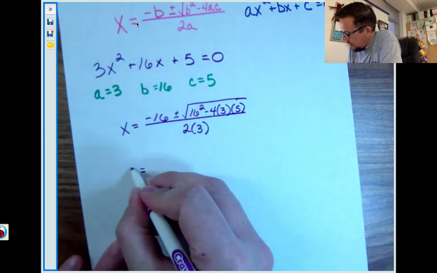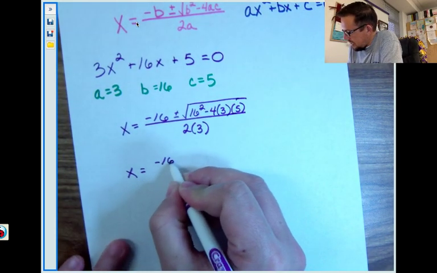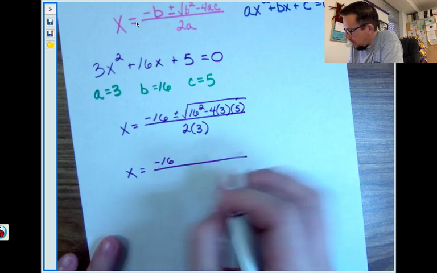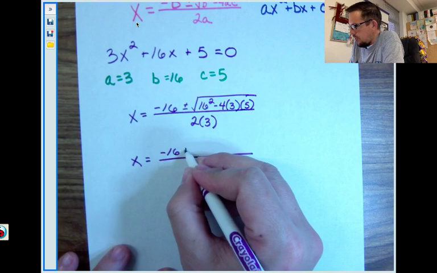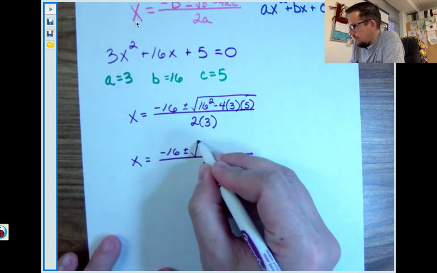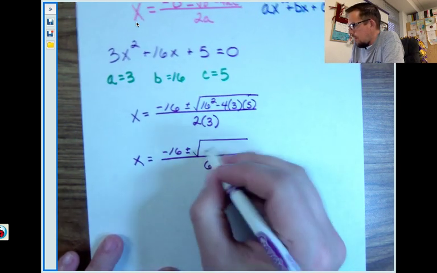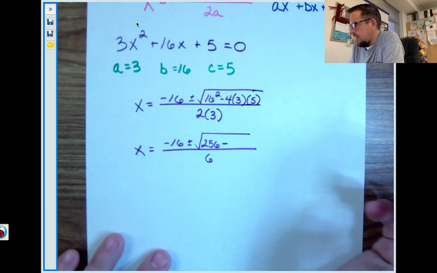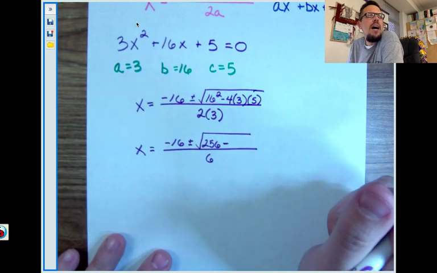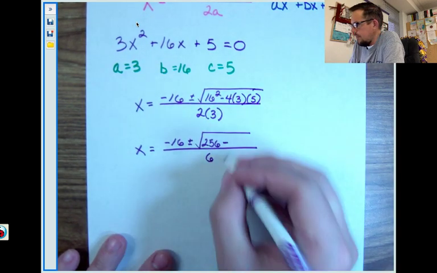So I'm going to leave the negative 16 out in front alone for now. On the bottom, 2 times 3 is 6. We'll go ahead and do that real quick. Plus or minus, and then let's work on the square root. So we've got 16 squared, that's 256. Minus, and then we want to do 4 times 3 times 5. 60, good.